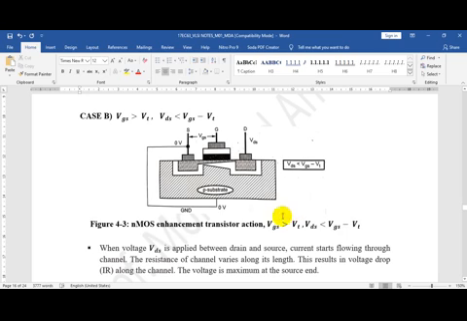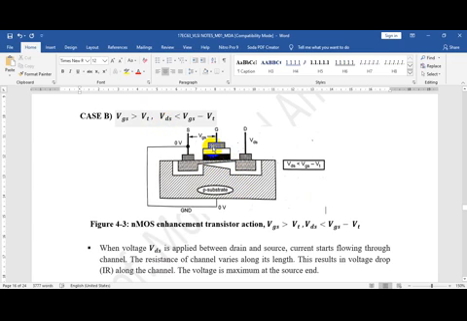Why is this depletion region increasing? It is obvious, because you are applying a positive voltage. There will be positive charged particles here, and the P substrate also has holes as majority carriers, because of which the depletion layer increases. That's what is shown here.